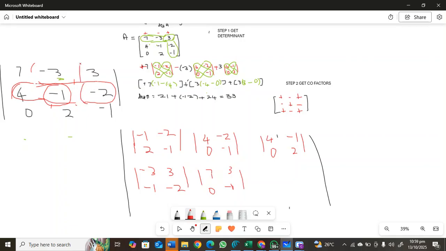Here, negative 2, so we cancel this one and we cancel that one. So you have 7, negative 3, 0, and 2.